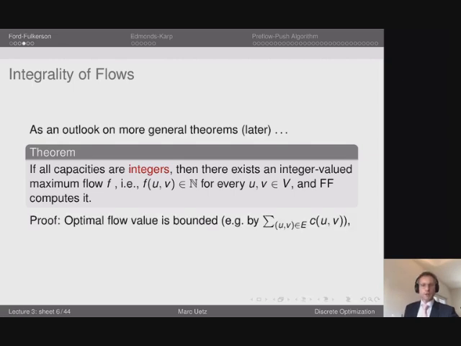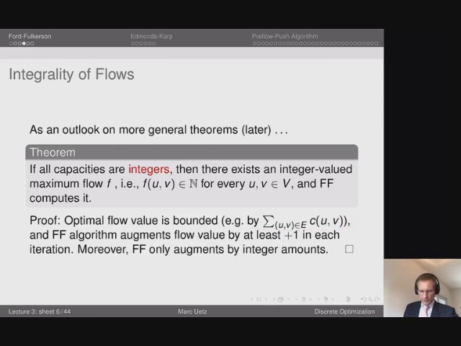So in summary, the optimal flow value is bounded by some integer amount, and the Ford-Fulkerson algorithm augments the flow by at least +1 in each iteration, because each time we pick an augmenting path with residual capacity at least 1. Remember that the residual edges only exist if the residual capacity is larger than 0, which in integers means at least +1.